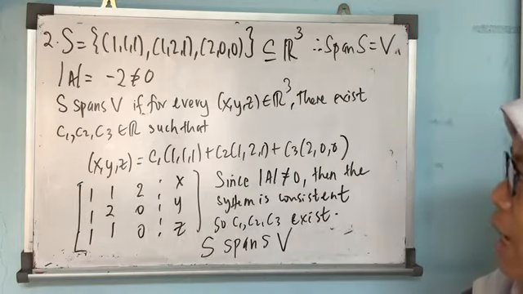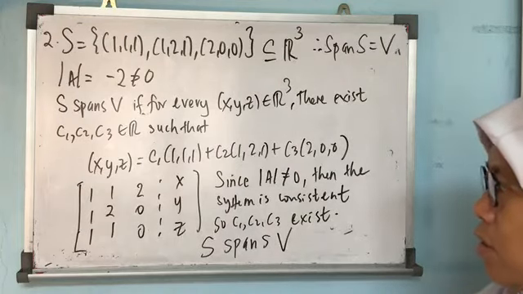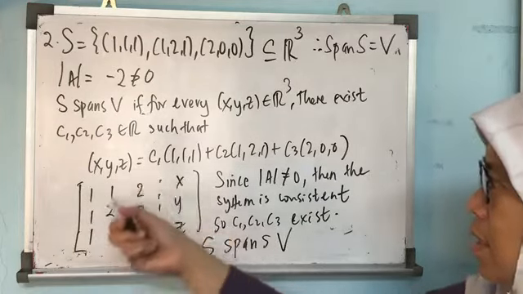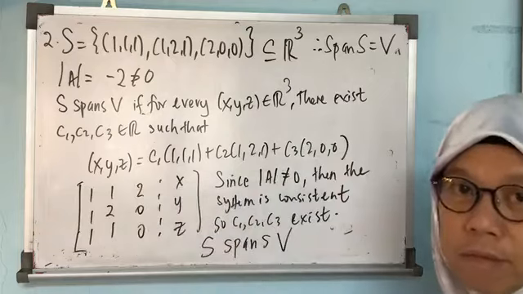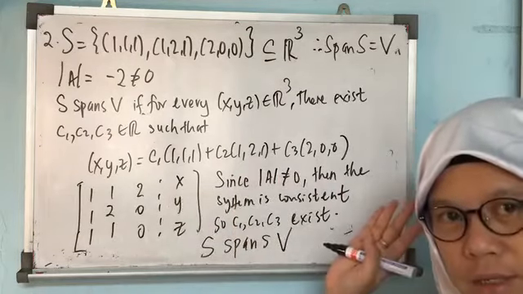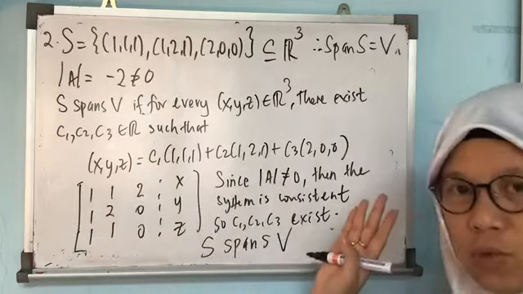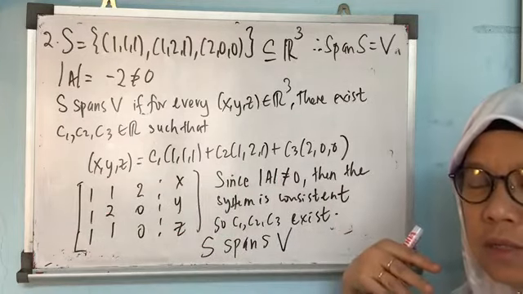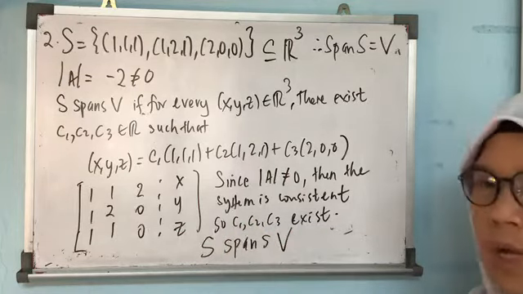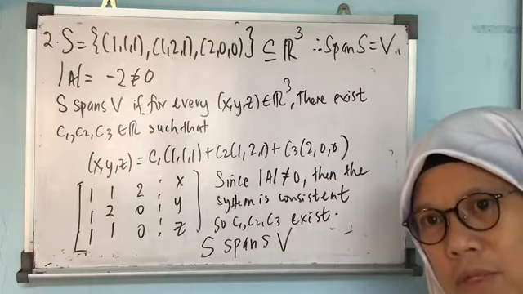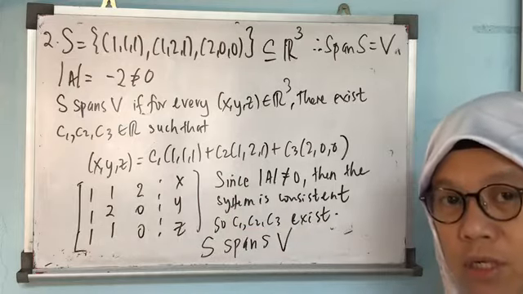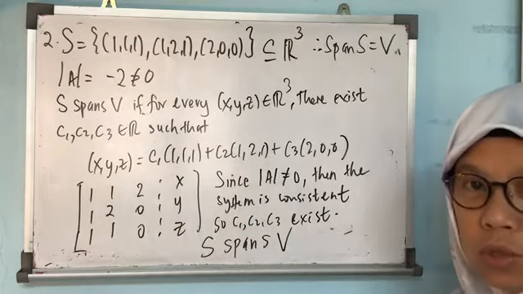The whole of the R3. And if you give me any number at all, you can find X, Y, Z in linear combination of these three. Since you don't use the row operation, you don't solve for C1, C2, C3. If I want you to write a linear combination of any vectors in V, then you have to calculate again. Because if the question is just to see whether it spans or not, this is okay.